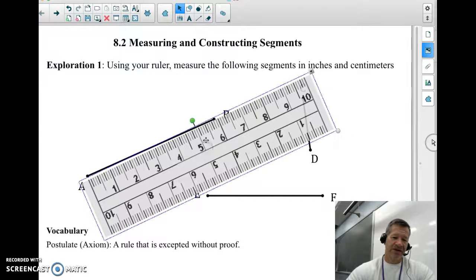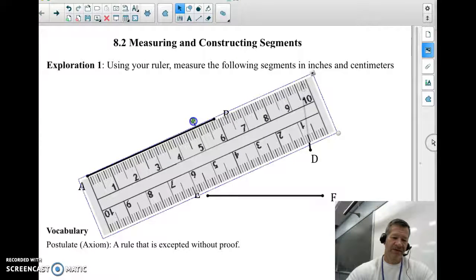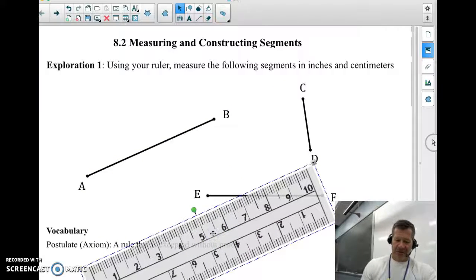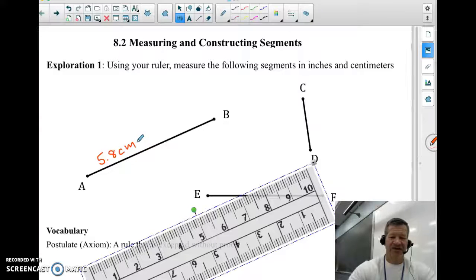If I put A at 0, you notice point B ends up at about 5.8. It's in between 5.8 and 9, but I think it's closer to 5.8. So I would say that segment AB is 5.8 centimeters. Okay, we'll measure it in inches later.